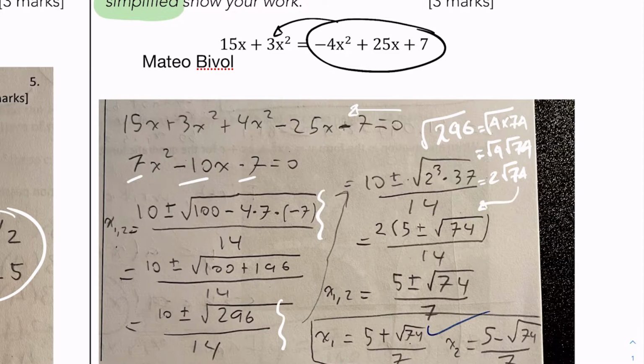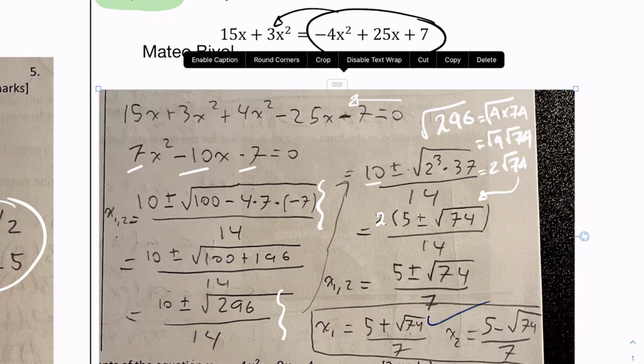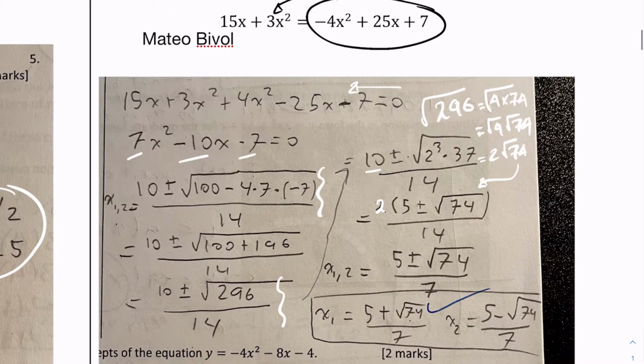What Mateo did was he actually factored out the 2 from the two terms, the 10 and the 2 root 74. So this guy actually is this 2 out here. He identifies where he can simplify, namely this 14 and 2. They drop down by a factor of 2, so this will become 1, and the 14 becomes 7.